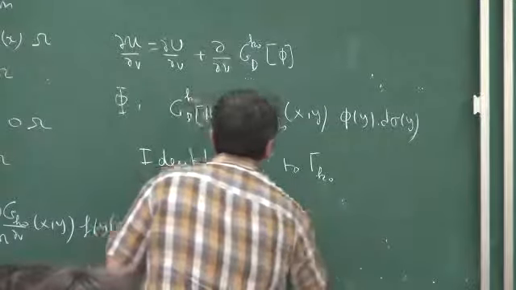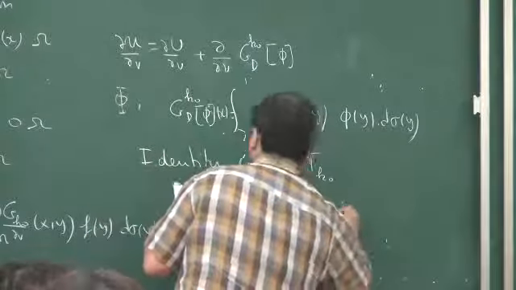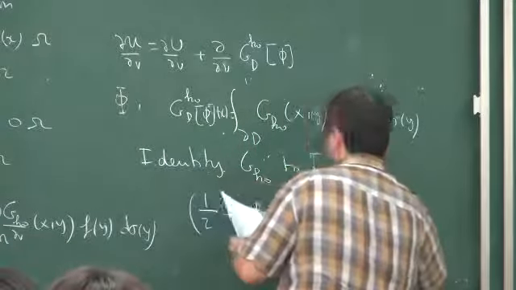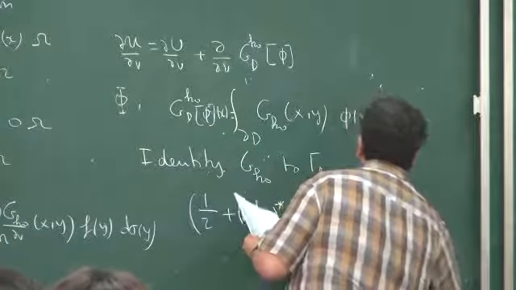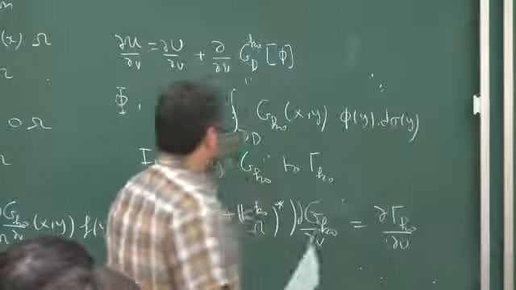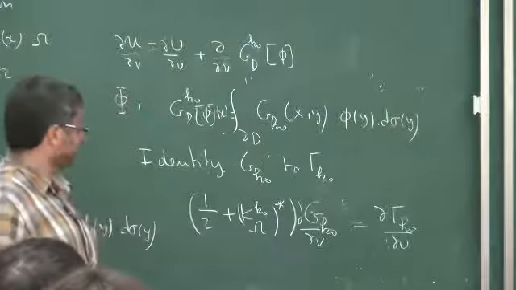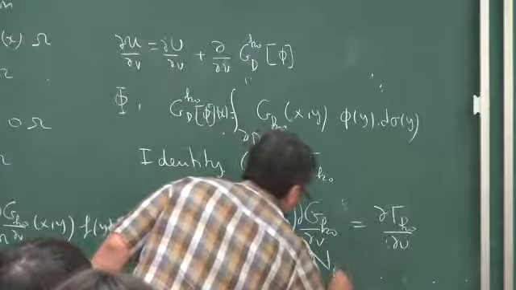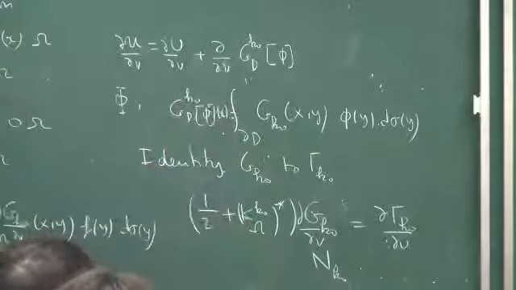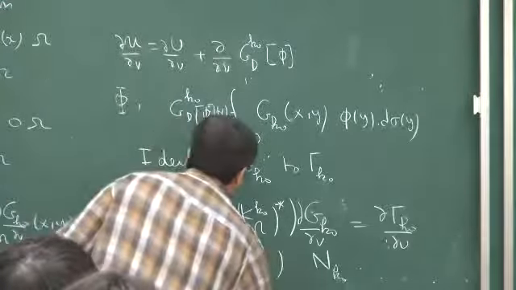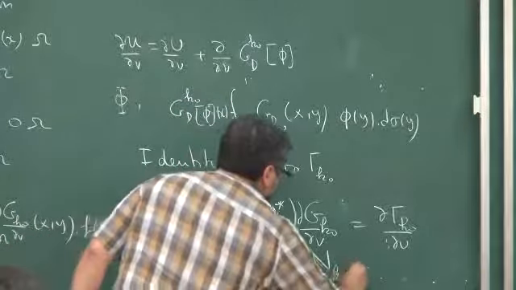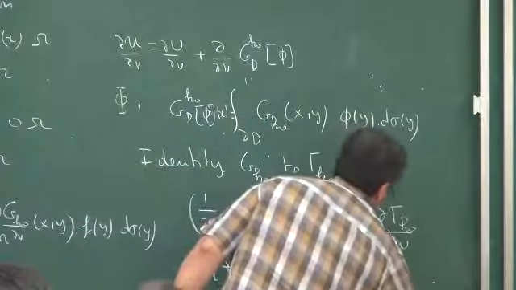This is the relation. If we apply this on G_k0, we will get the normal derivative of the fundamental solution. If you do it for N_k0, the Neumann function with a Neumann boundary condition, then it would be minus 1/2 plus K_omega_k0 applied to N equals Gamma_k0.